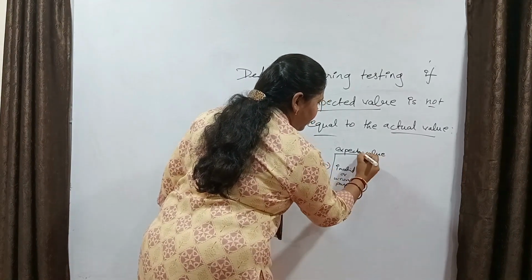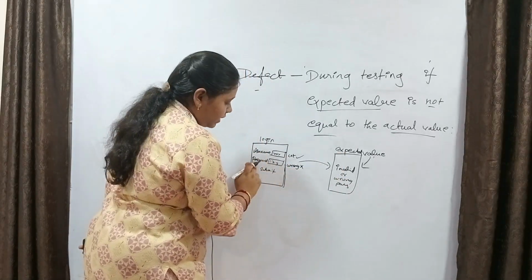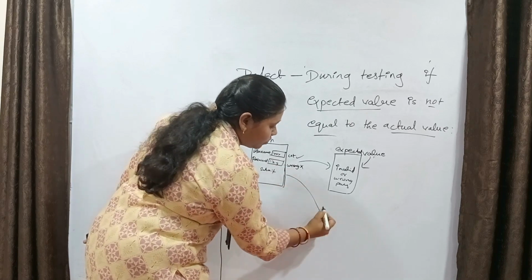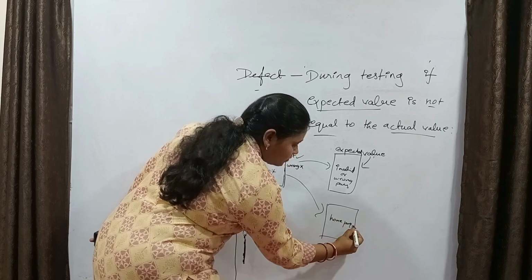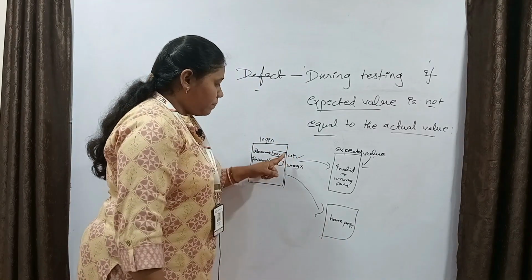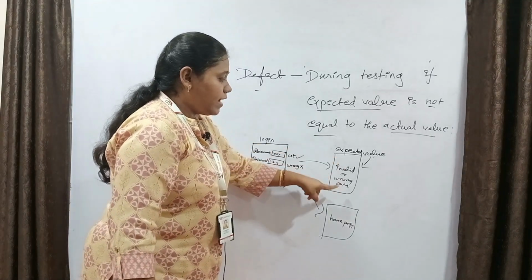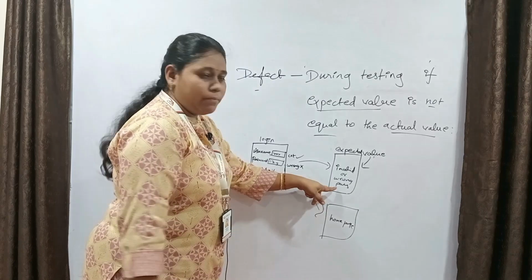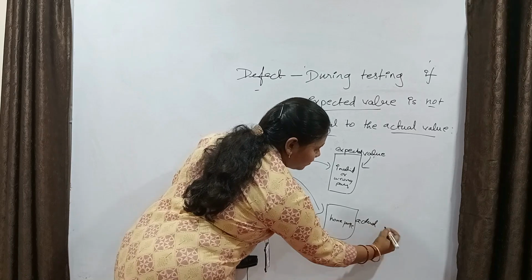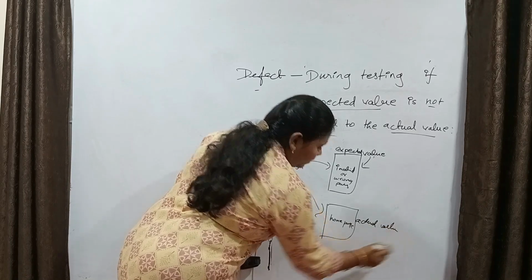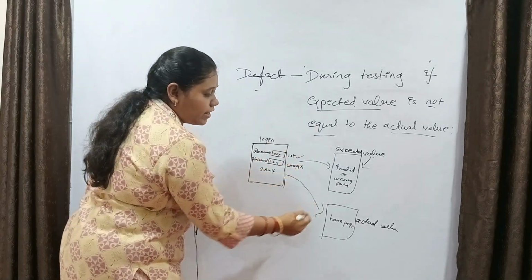This is the expected value. But when you give the wrong password, it takes you to the home page. What is the actual result you got? This is the actual value. So the expected value is not equal to the actual value.